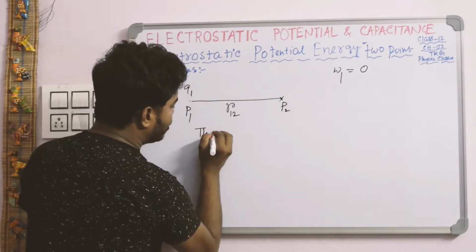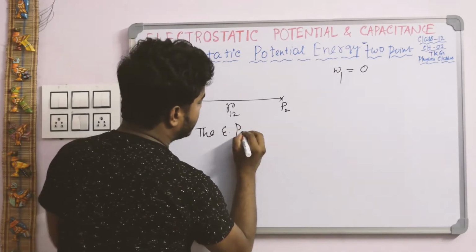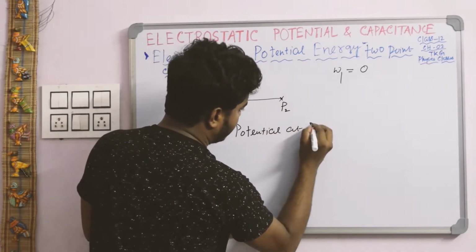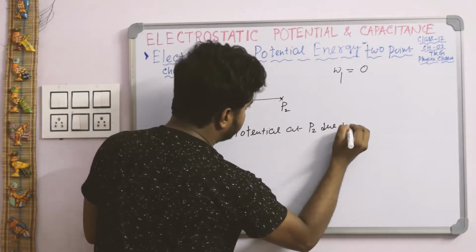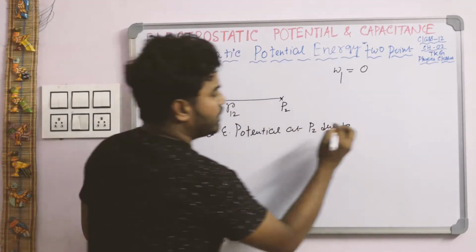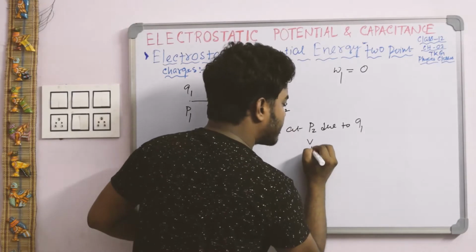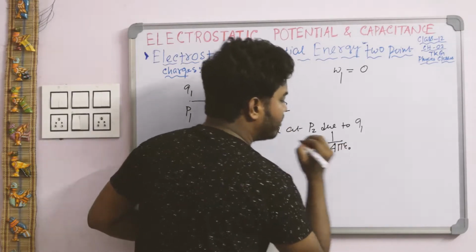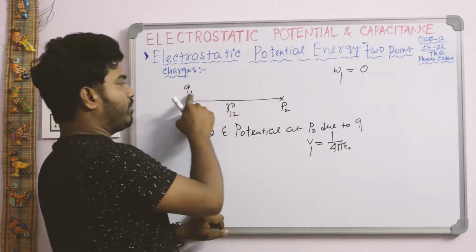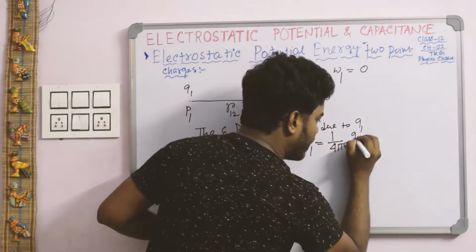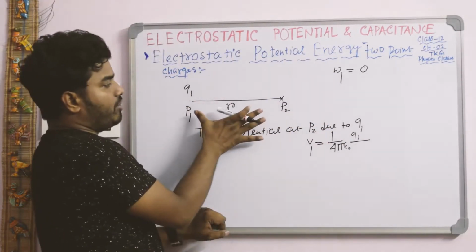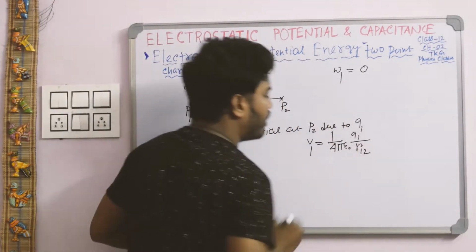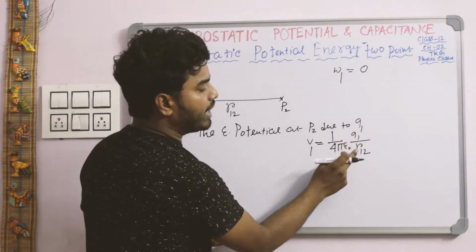The electric potential at P2 is due to this charge Q1, and you know the formula for a point charge: V1 is equal to 1 by 4 pi epsilon naught, Q1 by R12.